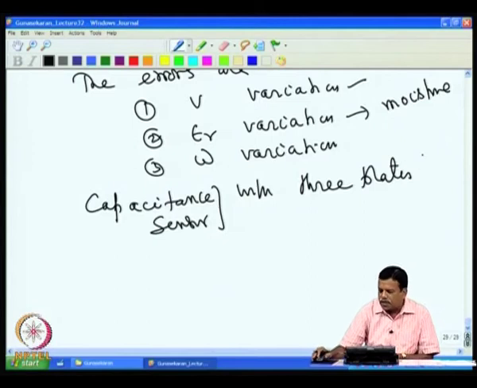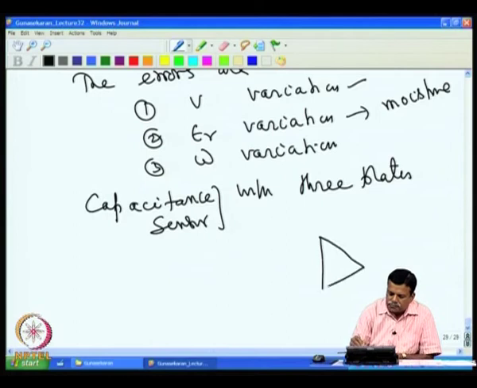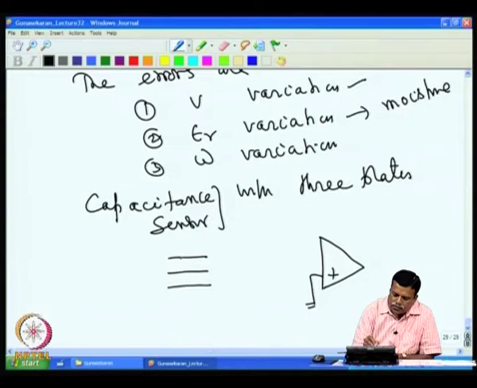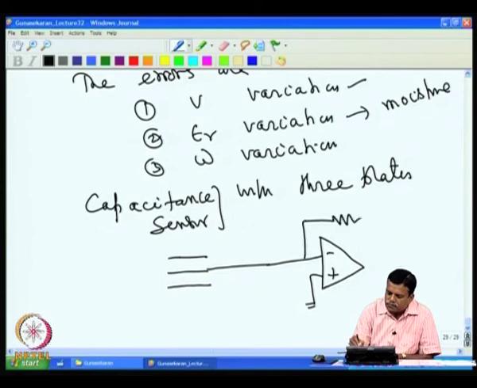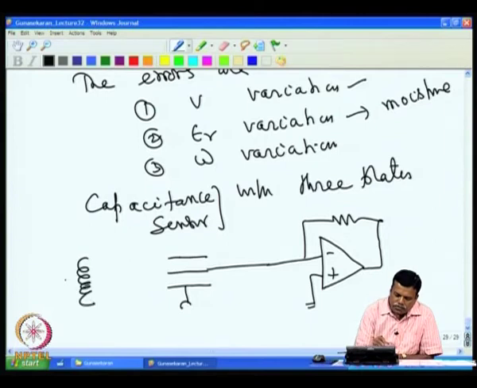What is done is that we can have an operational amplifier. We can have one plate, then the second one, and the third one. Now, this plate can be attached to the inverting terminal, and we can energize this with, for example, a simple transformer with a center tap.